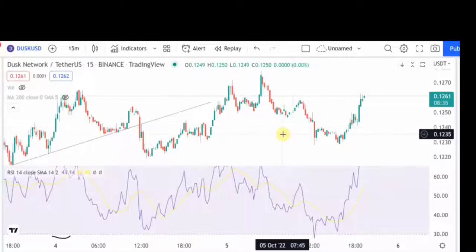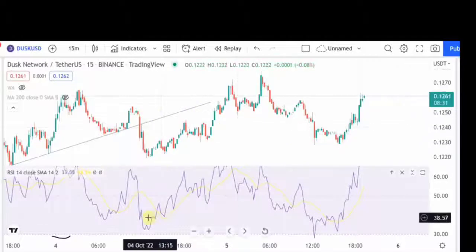You understand? So now to use this thing very well, make sure that you note that this lower band here, more especially whenever it's touching the lower band, or whenever it crosses below the lower band, it calls for long.